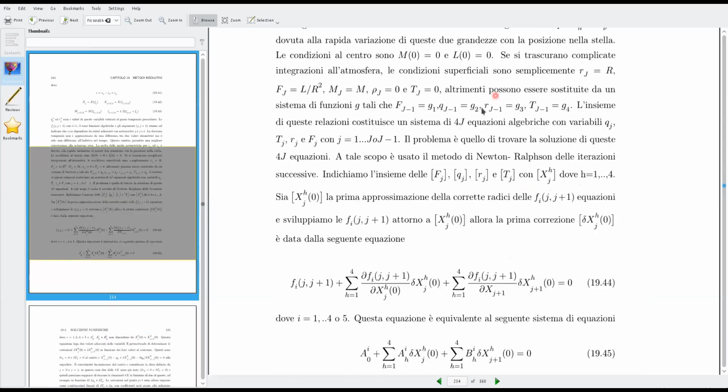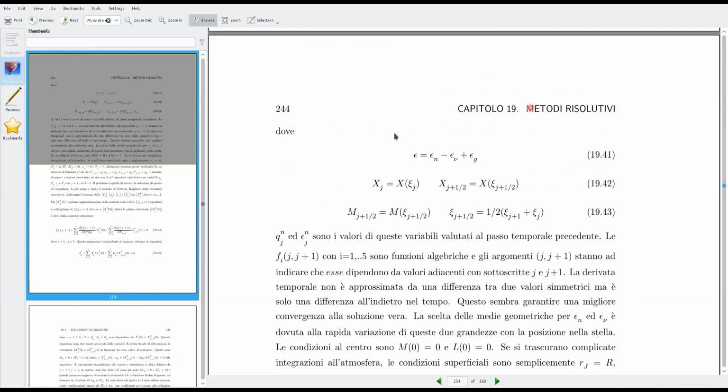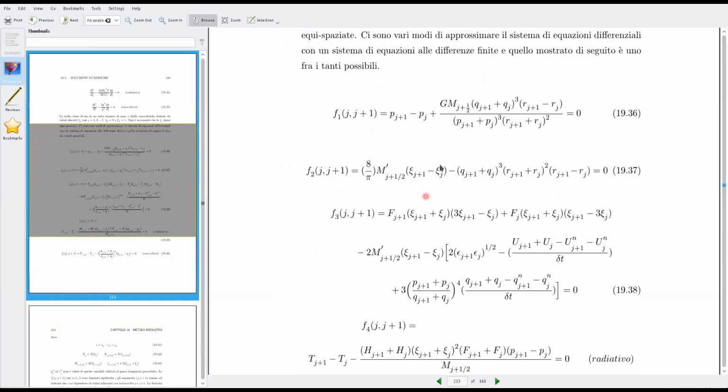This is because you have a system of equations for each part, and you have to connect each shell to the other, so that we have continuity.